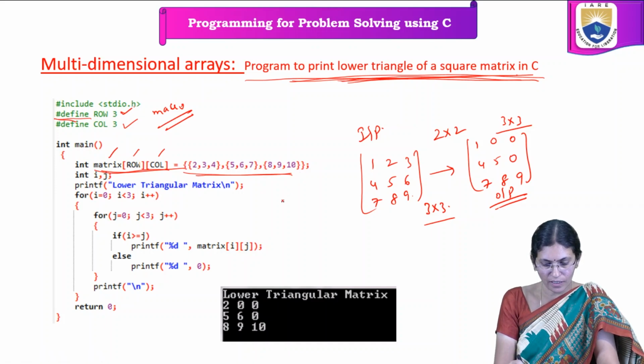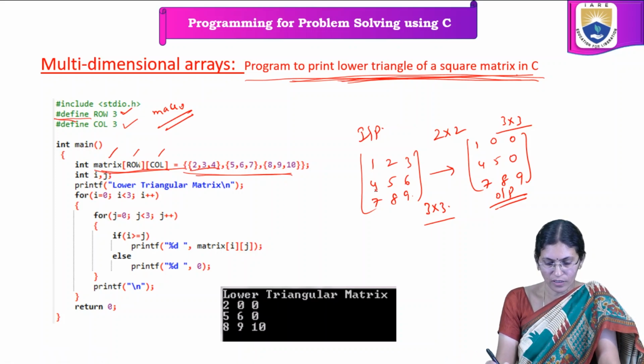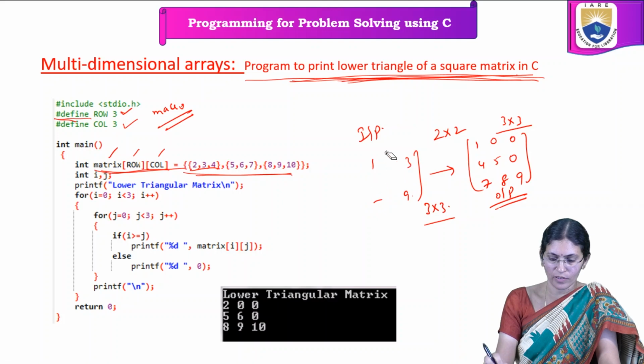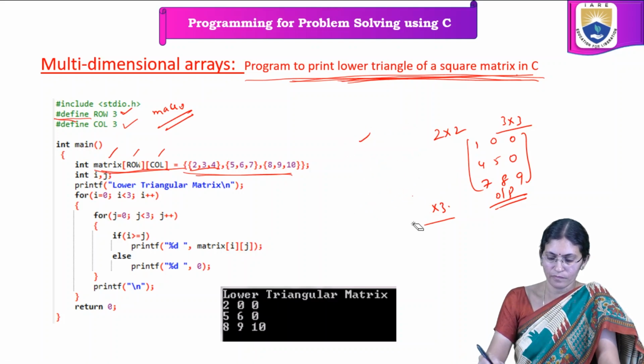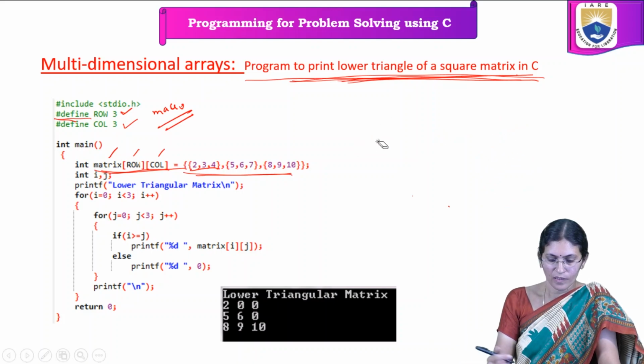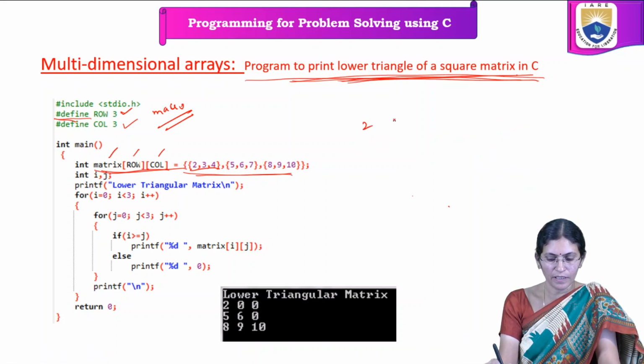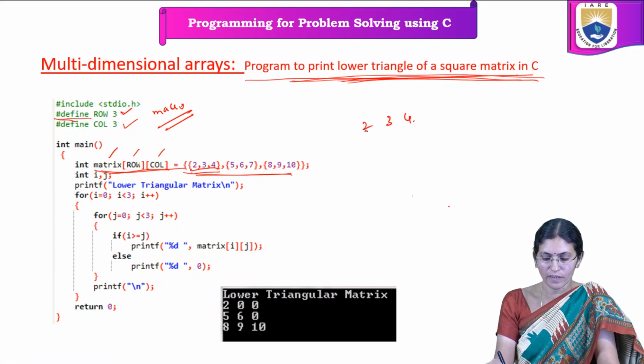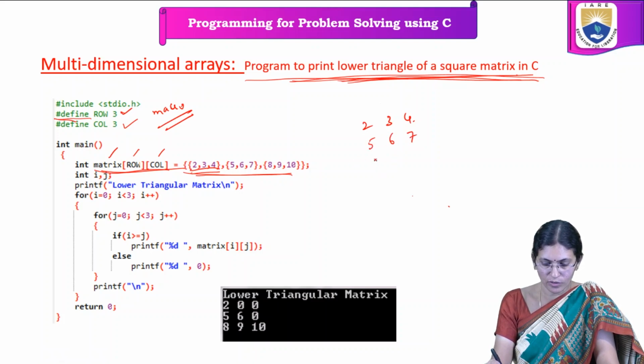So suppose these are the elements. In this example we have taken the elements 2, 3 and 4 as the first row, 5, 6, 7 as the second row, and 8, 9 and 10 as the third row.